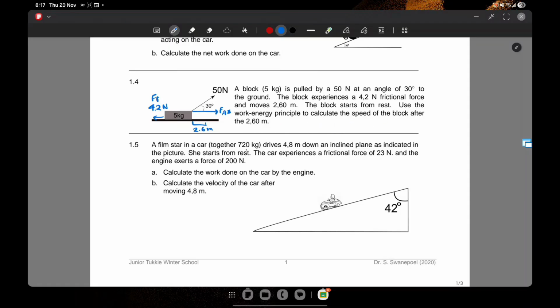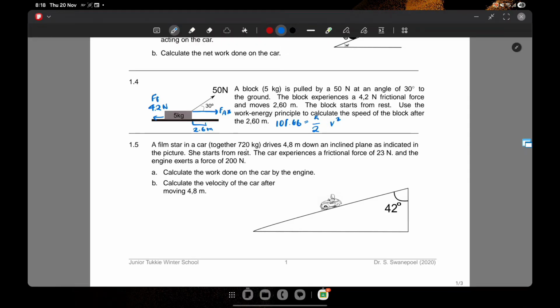So here's what we're going to do. We'll equate the net work done, 101.66 joules, to half m v squared. We're given the mass, which is 5. And then v squared. Then we'll isolate v.